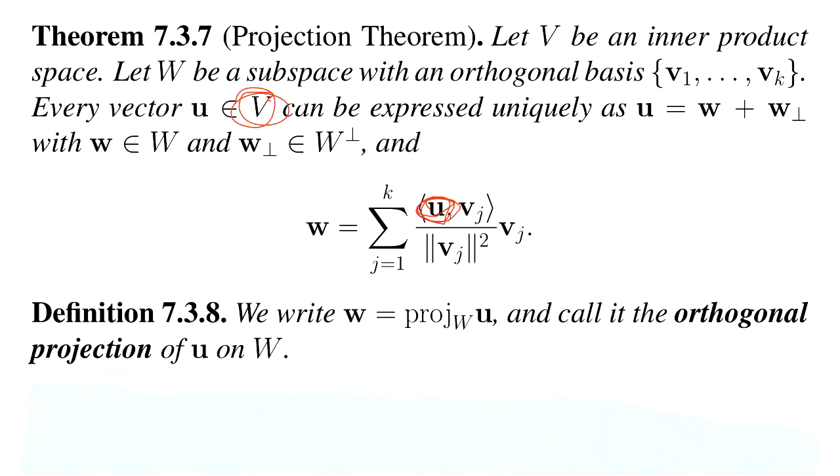Now, we're going to find that this thing has lots of nice properties. In particular, one of them is that it's the closest thing in the space W to the vector U. Right, that's one nice property it has.